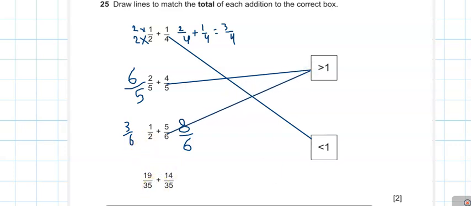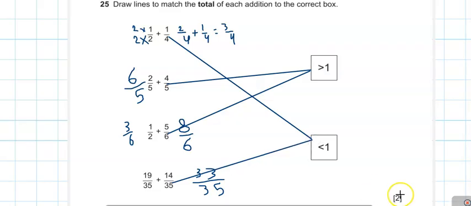The last one, 19 plus 14. 9 plus 4 is 13, write 3 and carry 1, so it's 33 over 35. 33 over 35 is smaller than 1. Okay.